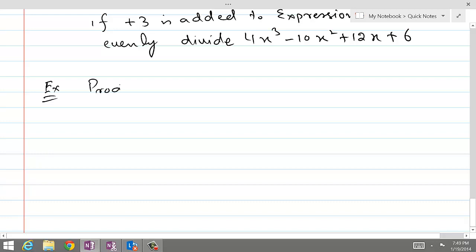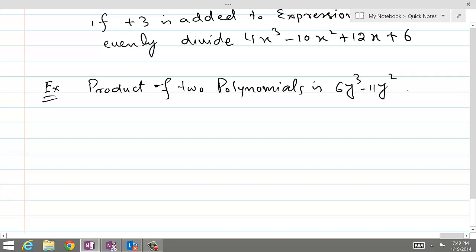The product of two polynomials is given as 6y cube minus 11y squared plus 6y minus 1.